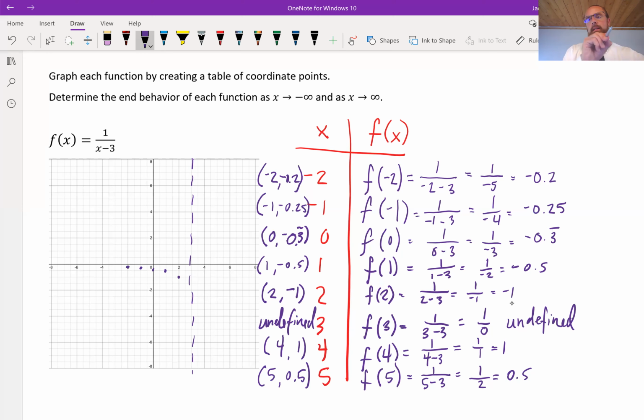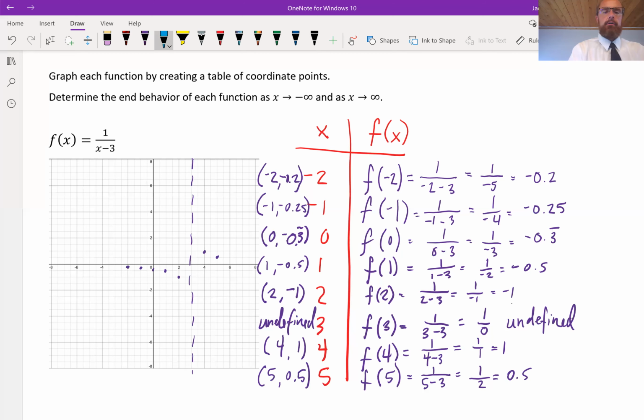So we can see that left side departing down from the x-axis as it gets close to the vertical asymptote at x equals +3. When we jump over to the right side of the vertical asymptote, we have the point 4, 1. And then the last value we had calculated was 5, 1/2.